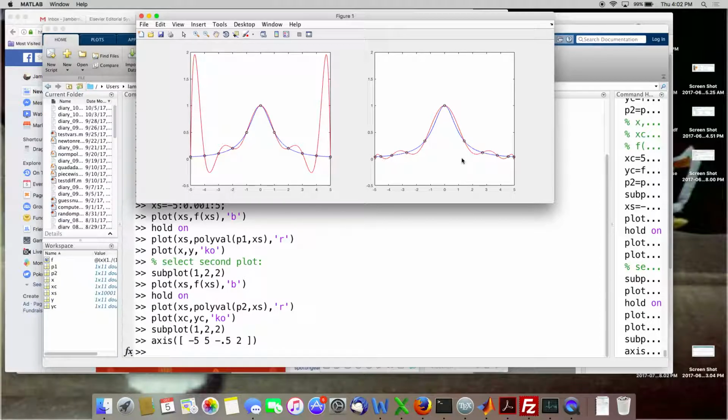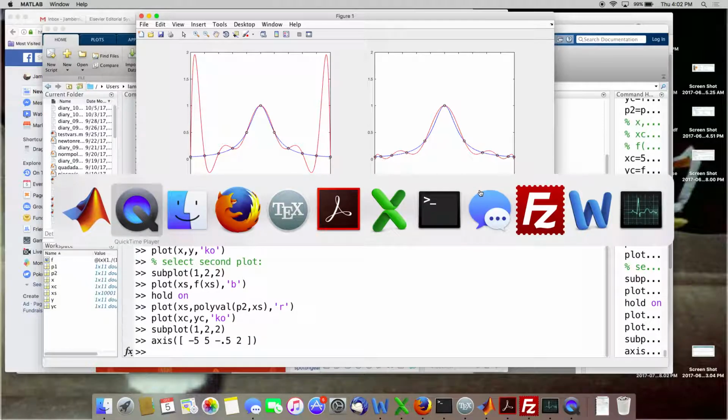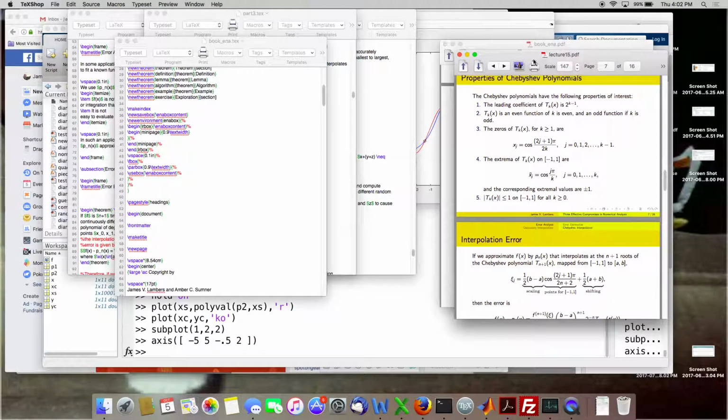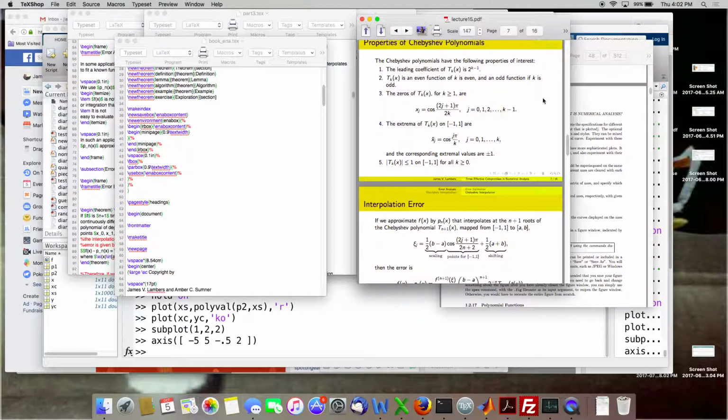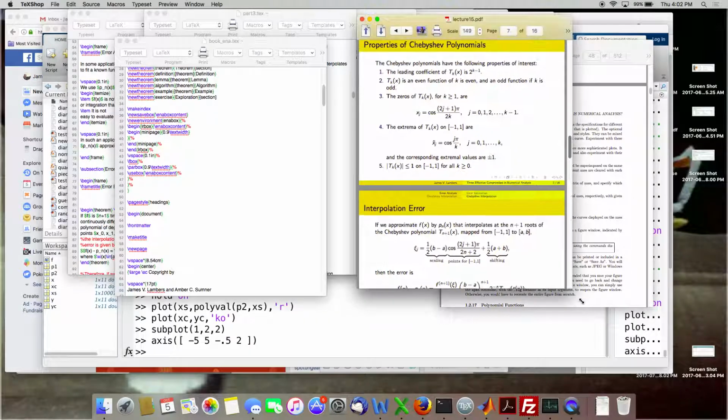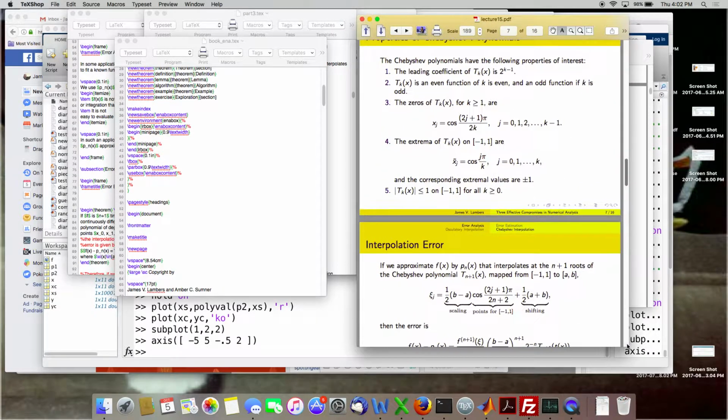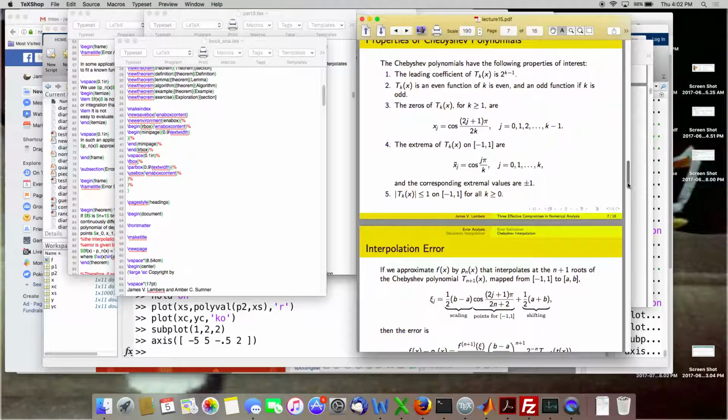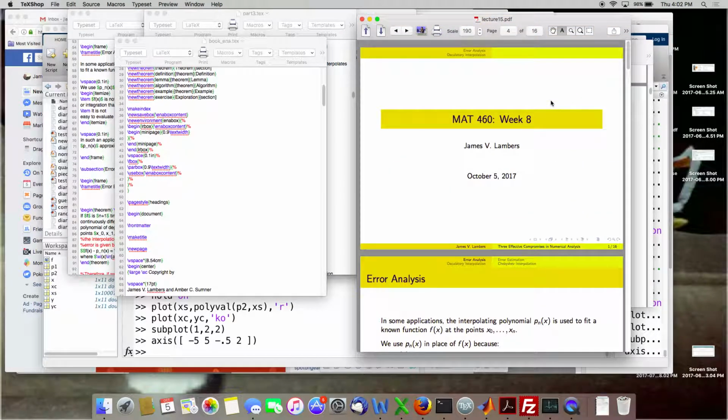So instead of typing mathematical equations here in MATLAB, what I've done is prepared slides. So for this week's classes, I have everything from Tuesday's class and also today.